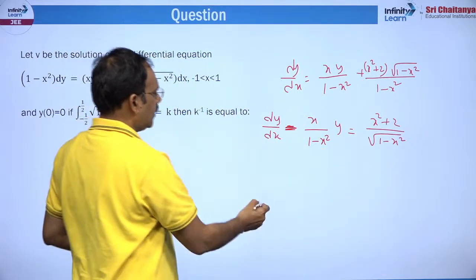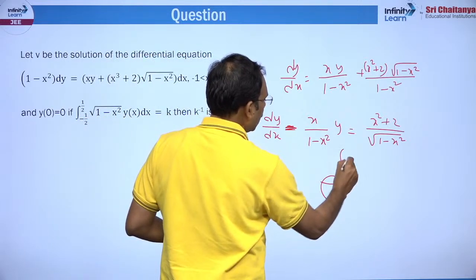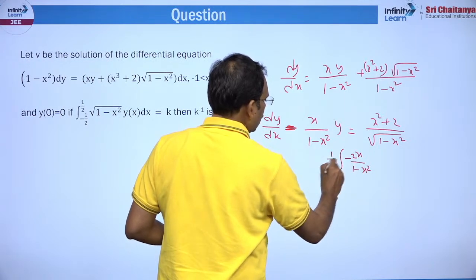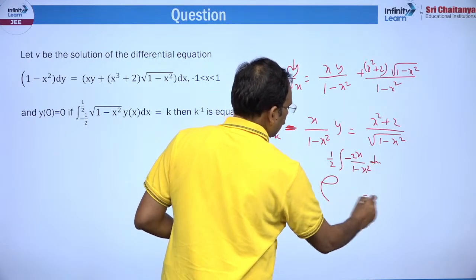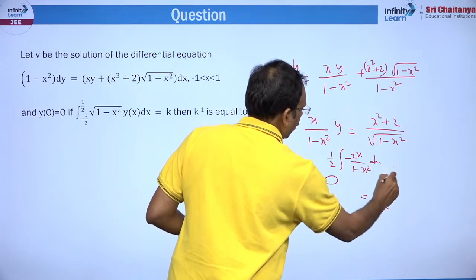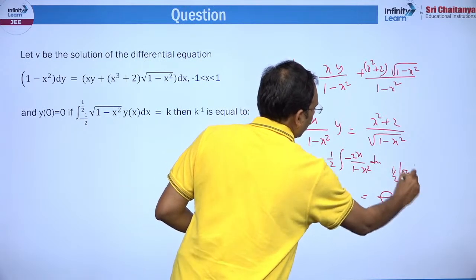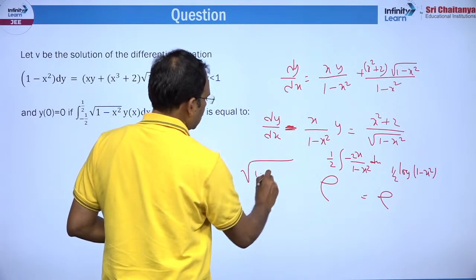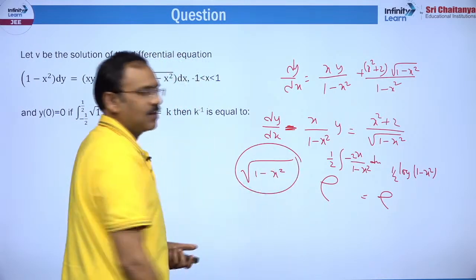LDE, you see, the integrating factor is e to the power of the integral of -x/(1 - x²), whose derivative is 1/2 here. You can write e^((1/2)log(1 - x²)), which is, my dear friends, √(1 - x²), going to be the integrating factor.